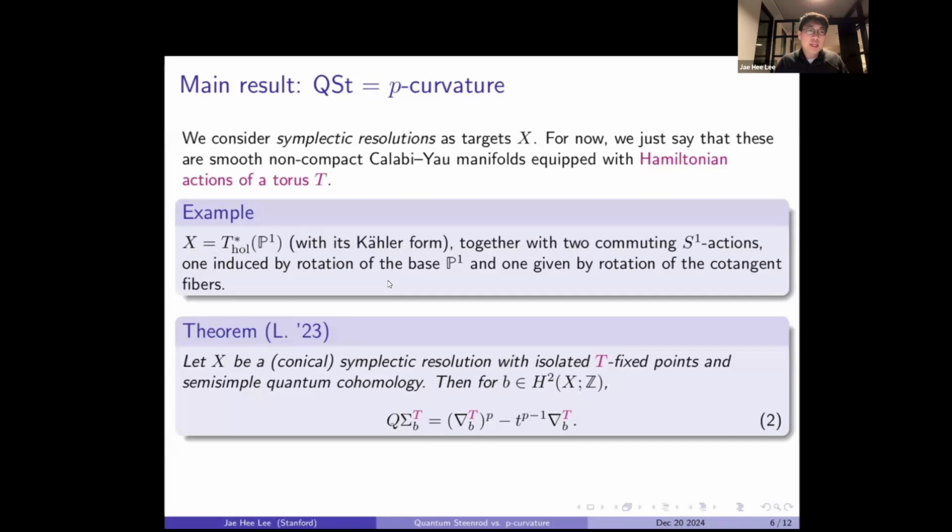To make sense of this statement, I also need to introduce and work with certain torus equivariant generalizations of the quantum Steenrod operators, with this superscript T corresponding to the torus acting on the target symplectic manifold. The expression on the right-hand side, in terms of the quantum connection, is something called the p-curvature of the quantum connection, which is a fundamental invariant that you can always define if you have a connection in characteristic P.